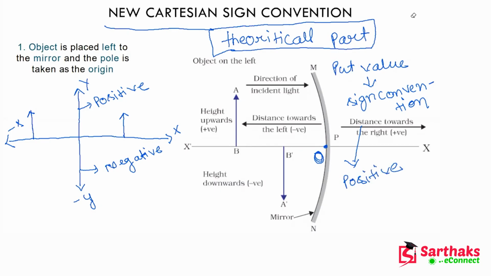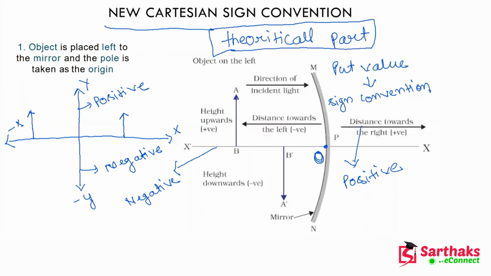Let me write the sign convention a little bit more clearly. The distances on this side are taken positive, and the distances on the left side are taken negative. And the upper distances are taken positive.